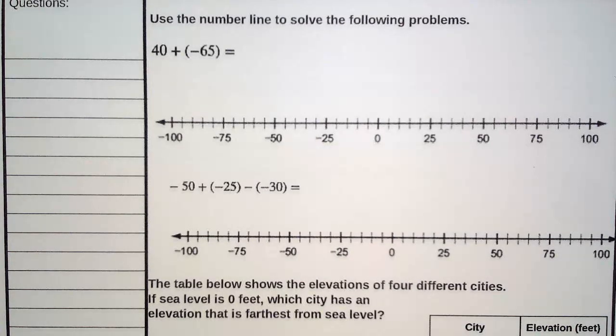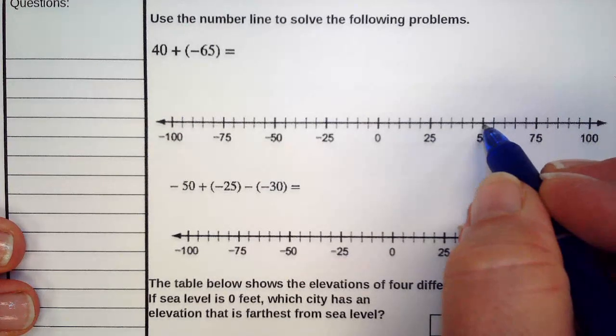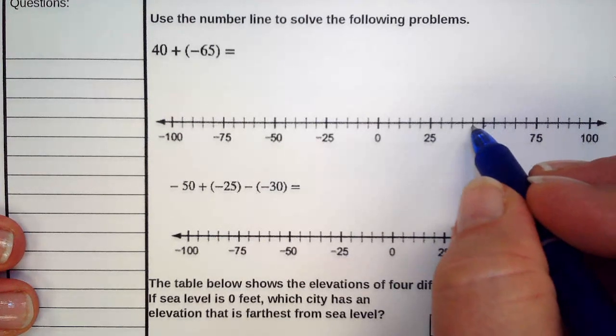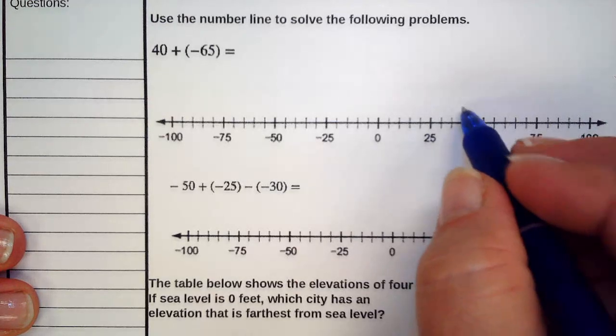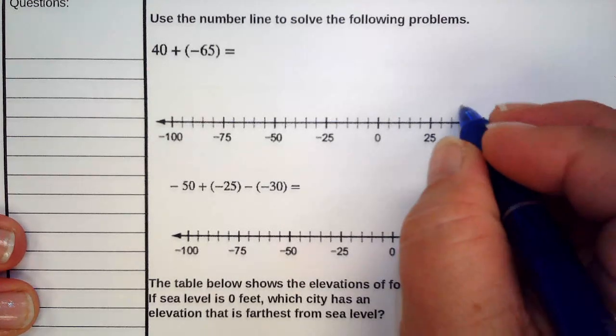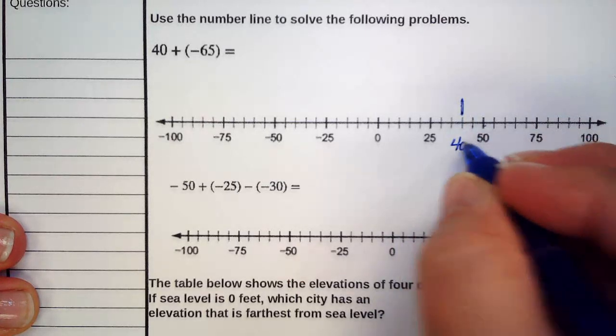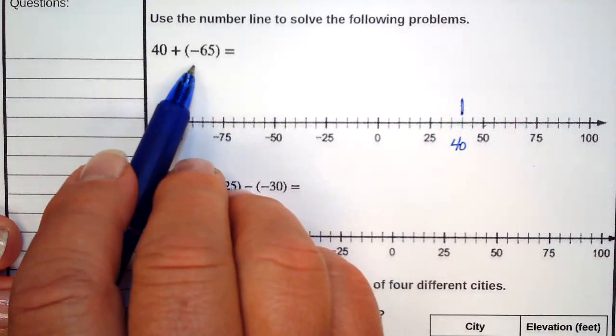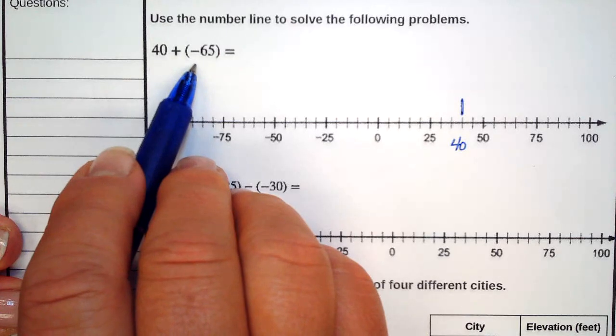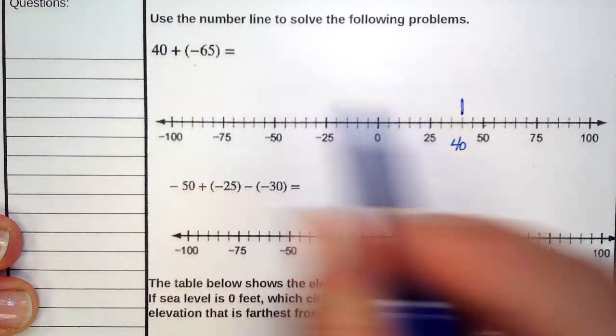I know that 40 is less than 50. So this is 50, and I'm going to go back down. This would be 45, and this would be 40. So this is 40. I'm going in the negative direction, 65 units.